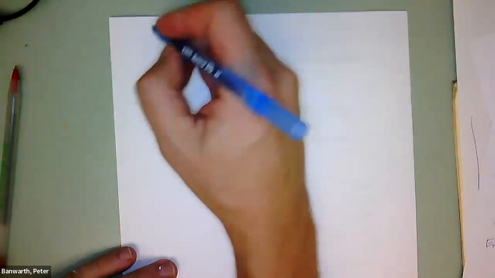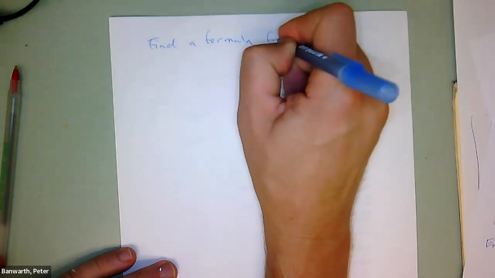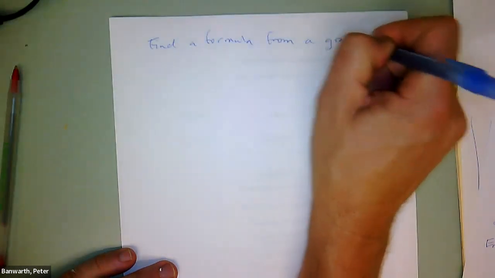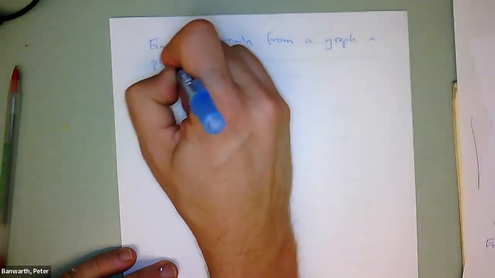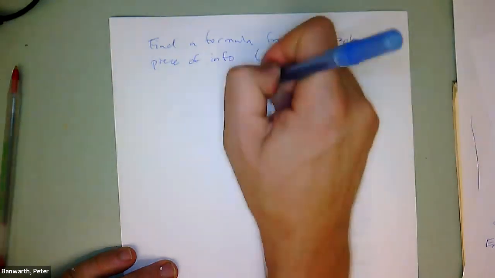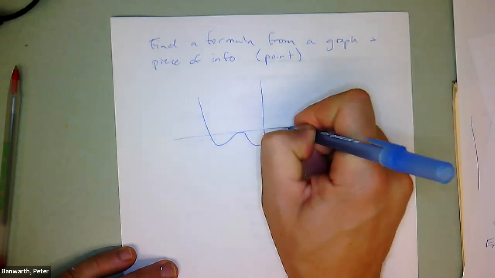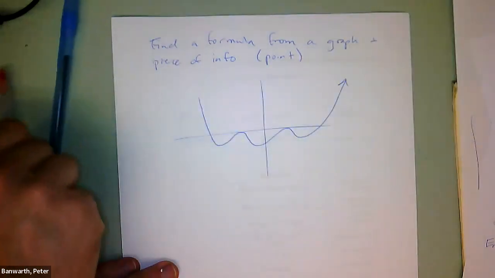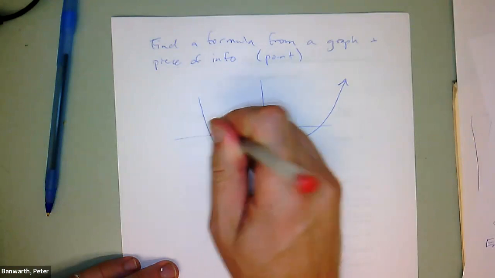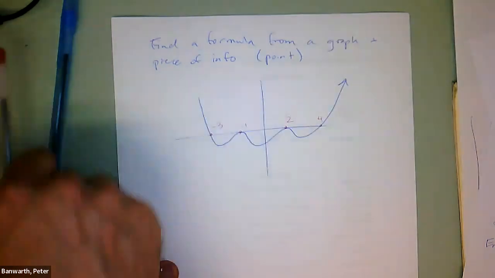Along the lines of polynomials, you might want to be able to find a formula from a graph plus a piece of information, in particular a point. So if I have a function that looks like this, where that is -3, that is -1, that is 2, and that is 4.